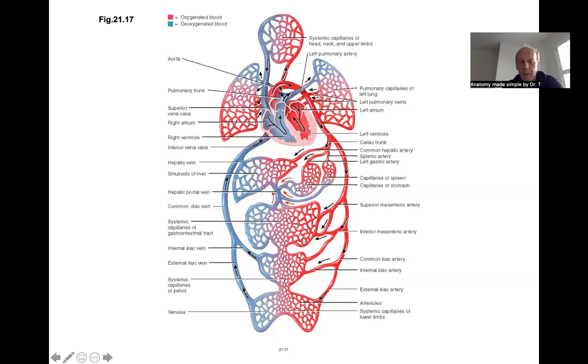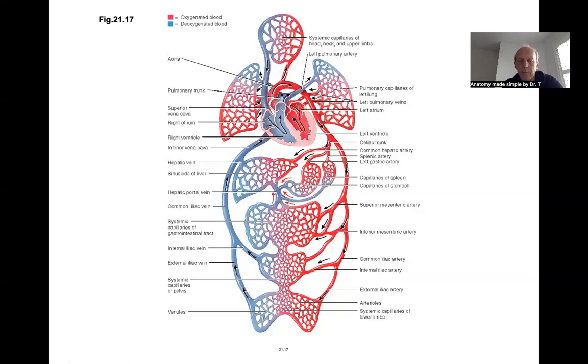Aorta, through its branches, will make sure that oxygenated blood is properly distributed to every single part of the body, whether it's head and neck, whether it's into upper or lower limbs or into body cavities, into thoracic, abdominal, or pelvic space. And as such, of course, arterial oxygenated blood is distributed evenly throughout the body.